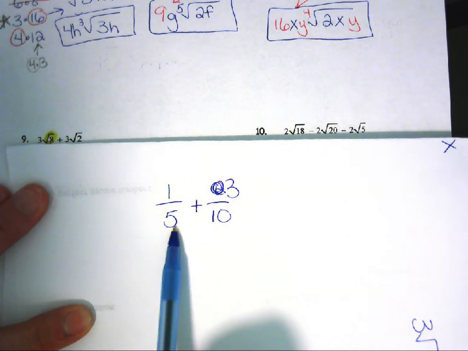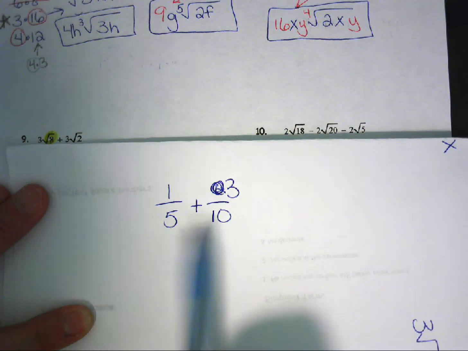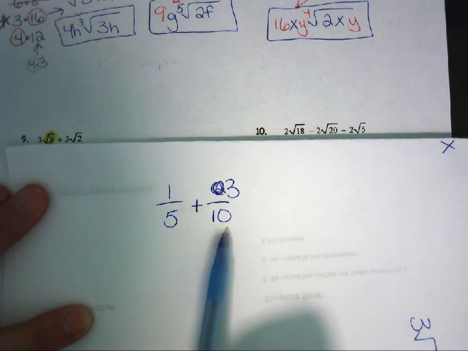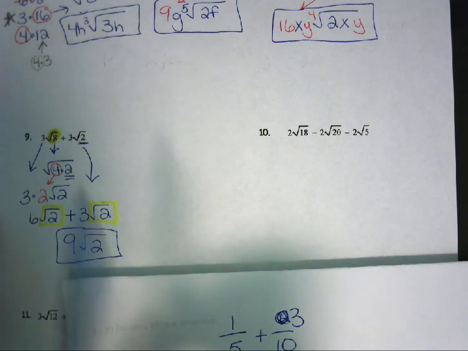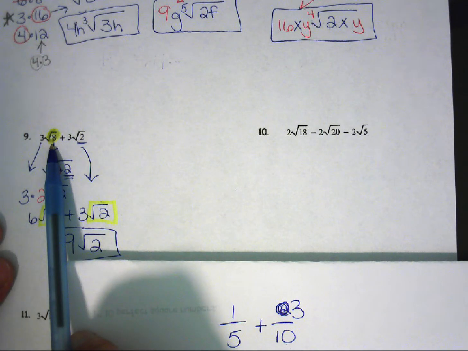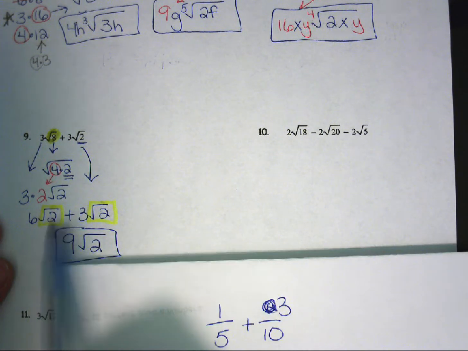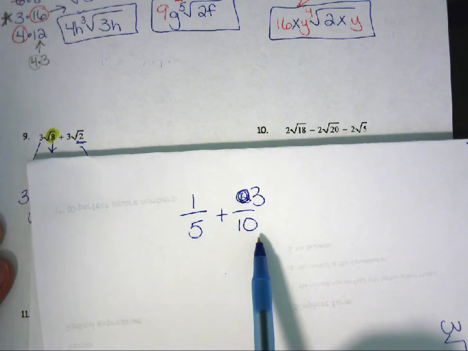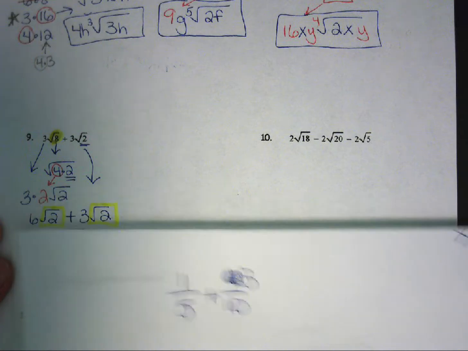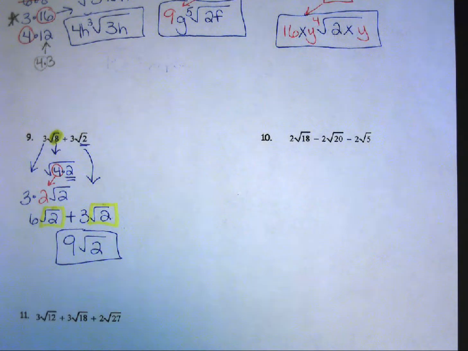You'd have to get a common denominator in order to add these together, but your answer would still be a fraction. You're doing the same thing here. It's not called a common denominator, but you're trying to get your radicals to match, just like you have to get denominators to match. So this lesson is very similar to fractions.